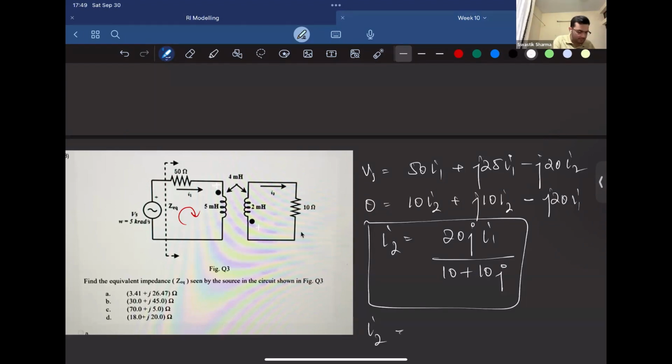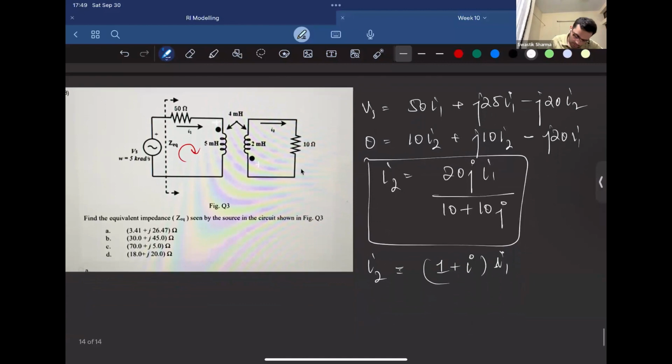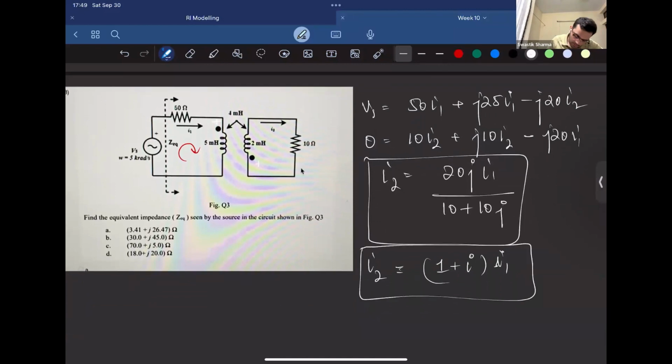Let's normalize this. This would be 20 j upon 10 plus 10j. So this is nothing but 1 plus 1 j, that is equation 1, and this is equation 2.